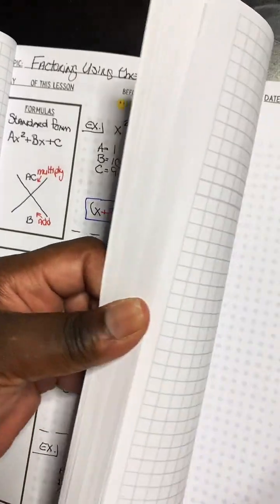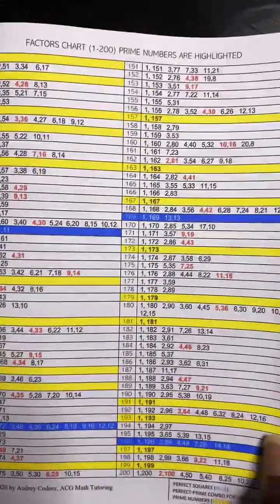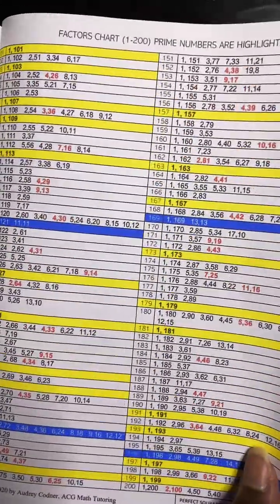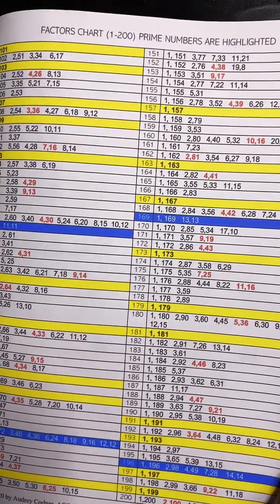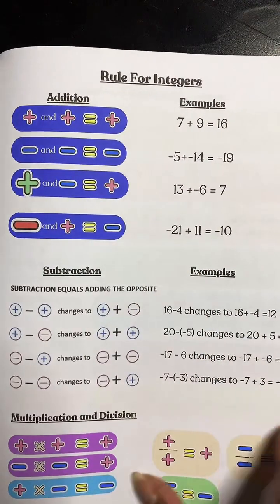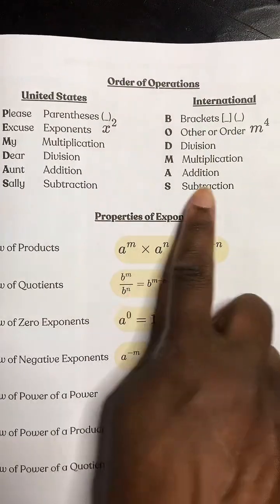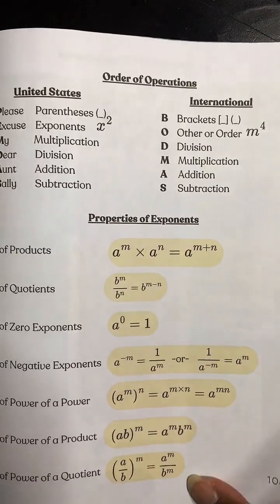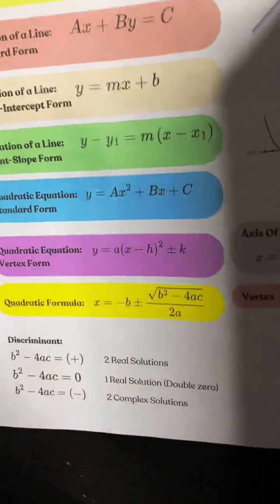With this, I also have resources in the back of the book. I have a factor sheet from 1 to 200, which helps you break down radicals, and find your greatest common factor as well as your least common multiples. I also have reminder notes: the rules of integers, and order of operations from the US and internationally. Exponents, what are those properties? Then we have our linear and quadratics, always with the discriminant at the bottom.